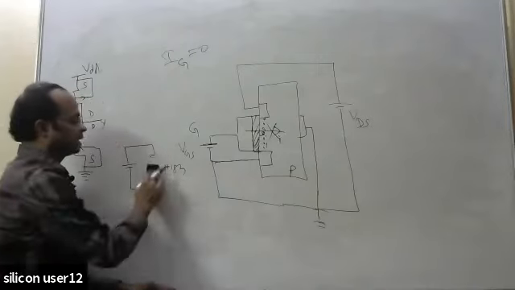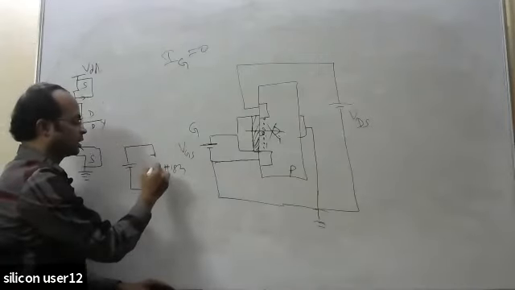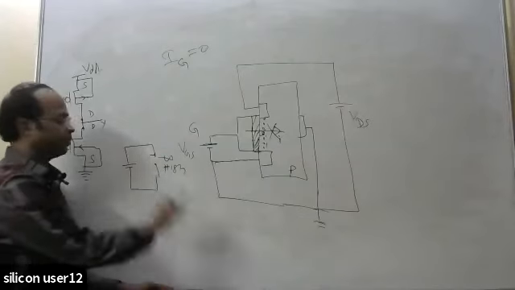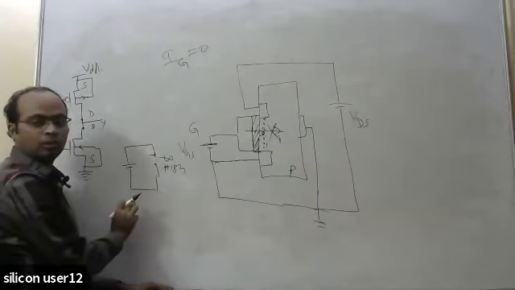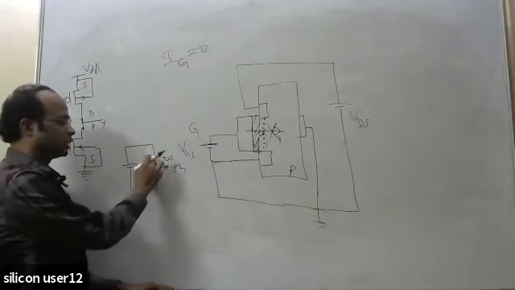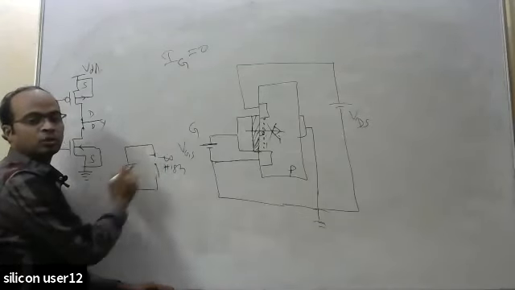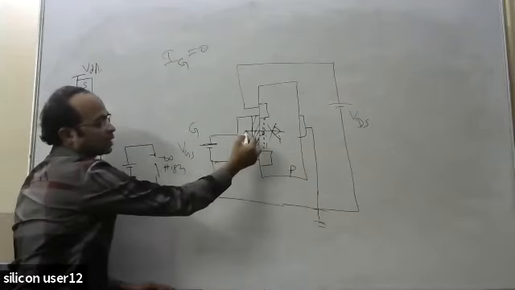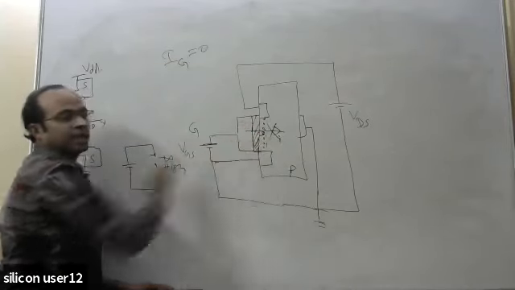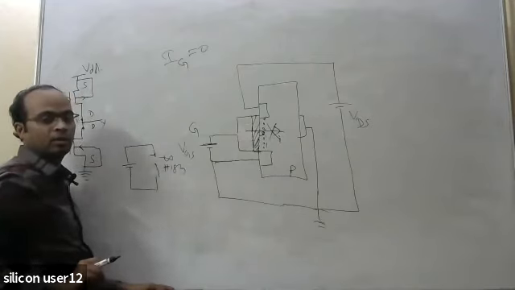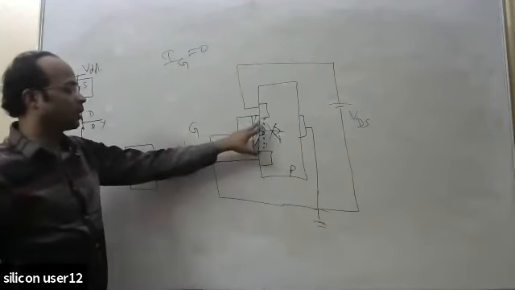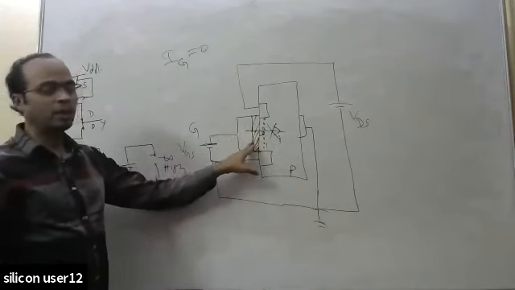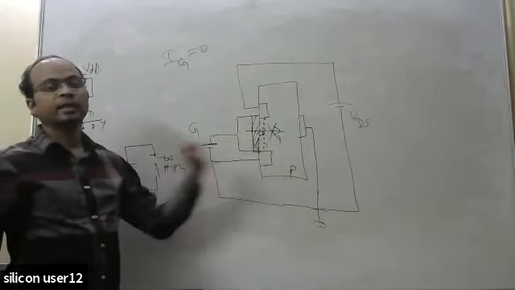Similarly, if the resistance is infinite, the current flowing will be 0. You are applying voltage, but since the resistance is infinite here, the current flowing is 0. So you can say the resistance offered by this gate terminal is actually infinite, and so the input impedance of the MOSFET is very high.